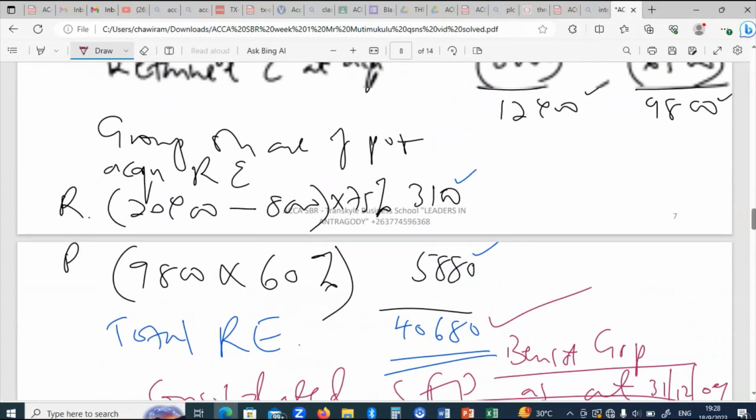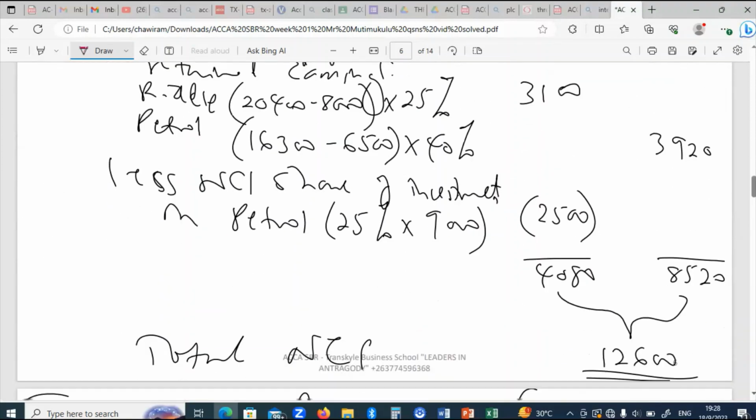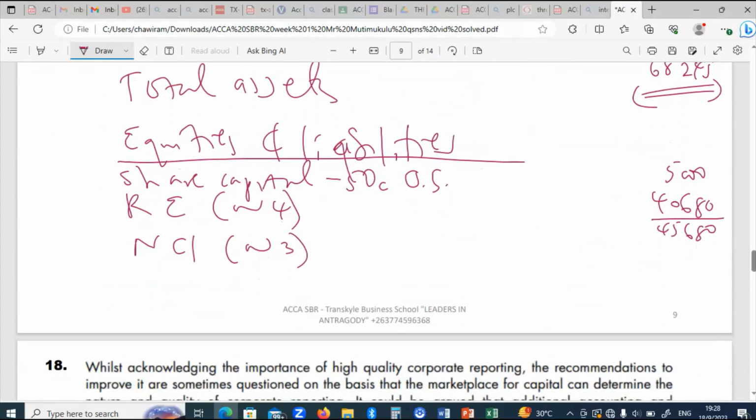Then the NCI, this was working number 3. The NCI was how much from our working? The total NCI was 12,600. Okay, you can decide to add there or just continue. Let us just continue. We only have got current liabilities.